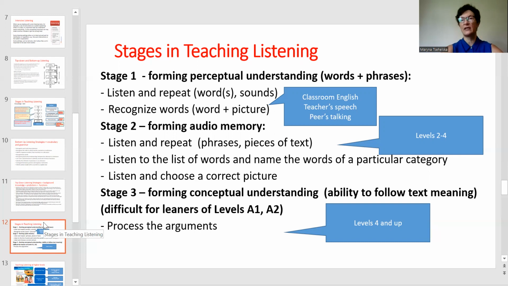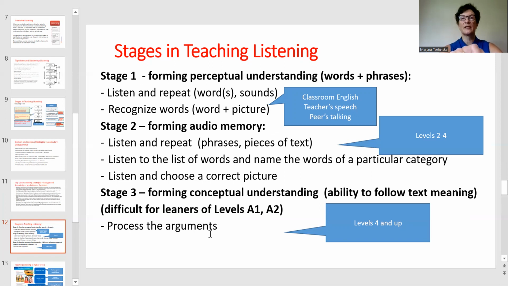but pieces of text may be repeated, and we check the understanding of our students by choosing a correct picture, and also by questions. At the third stage, it may be difficult for beginners, but for advanced learners, it's okay.